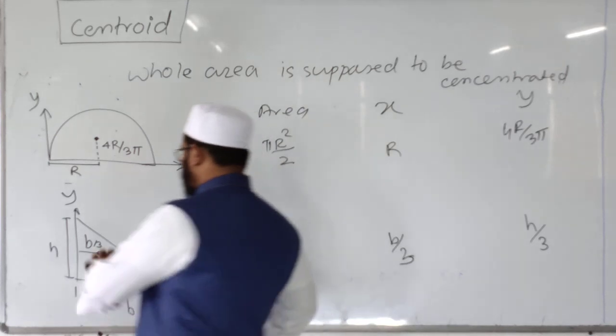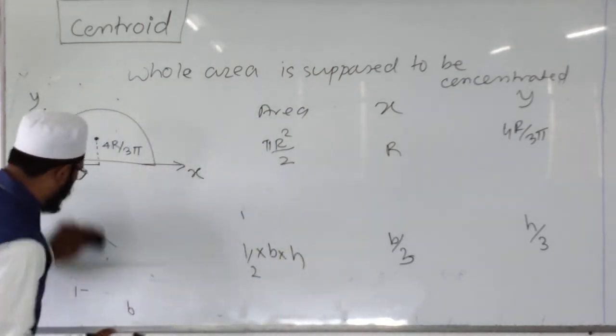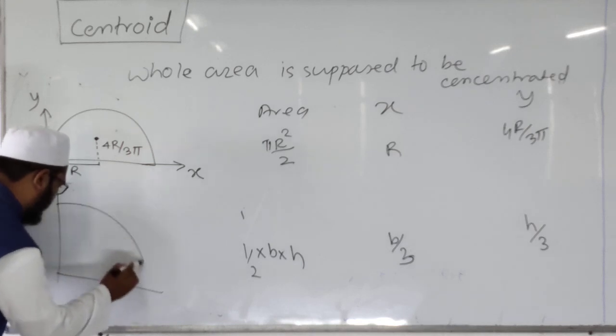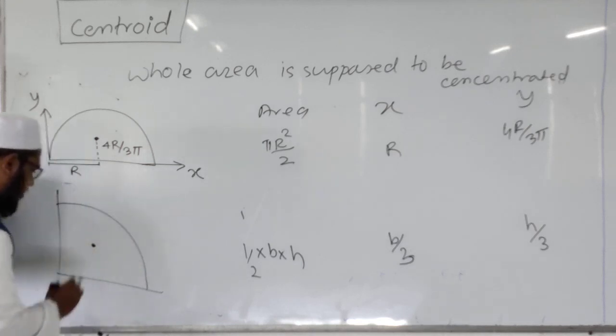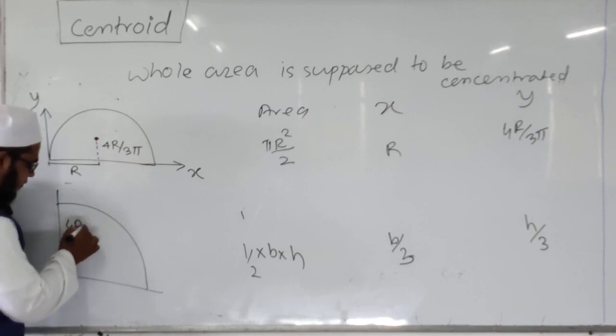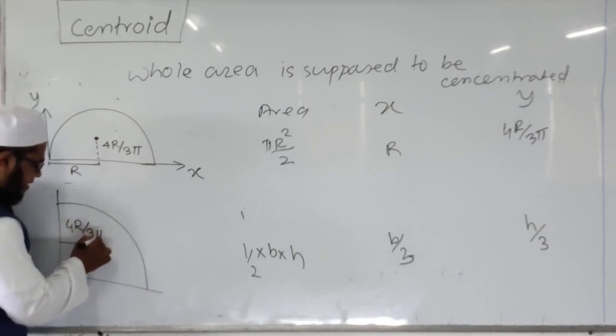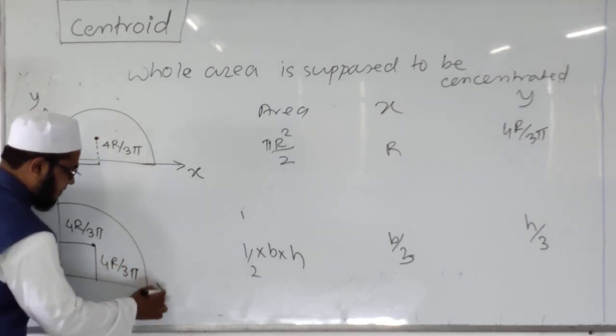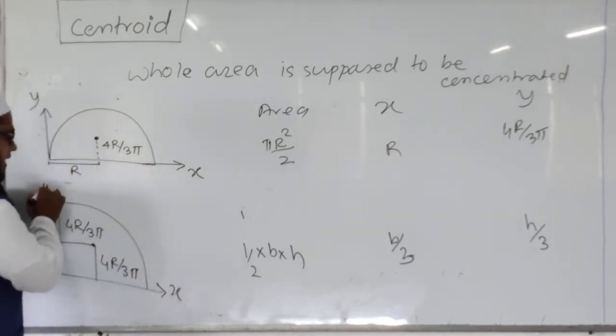Then there is one another figure, that is the quarter circle. In a quarter circle, the geometric center lies here. The distance of this from the axis is 4r by 3 pi, and here also it is 4r by 3 pi. It is x, it is y.